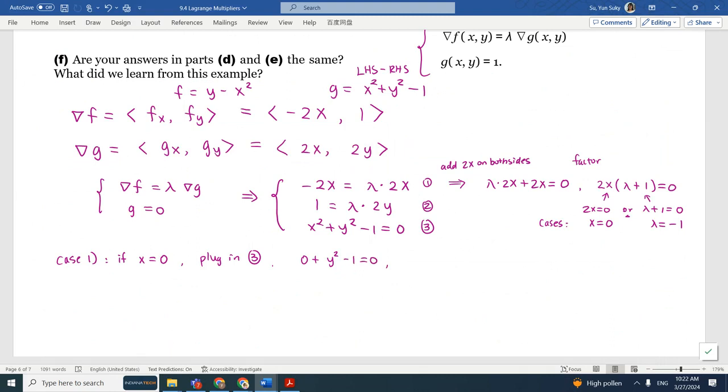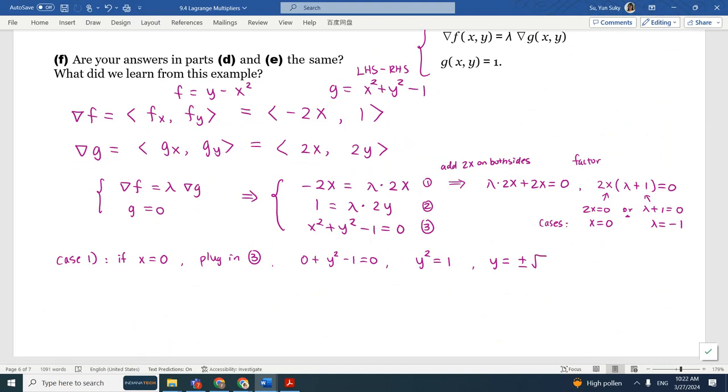Okay, everybody? Why don't we plug into the second equation? Do you have an x in the second equation? No. That's why we plug into the third one. Do you see we get y squared equals 1? When you solve for y, what do you get?